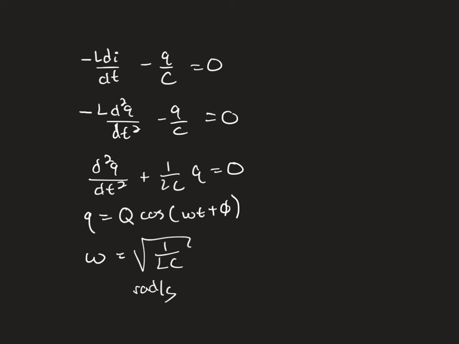So as I said, this equation allows us to find the charge on the capacitor at one particular instant, and we defined what the frequency of the oscillation is, and it relates to the inductance and the capacitance.